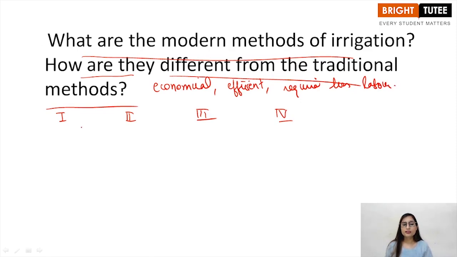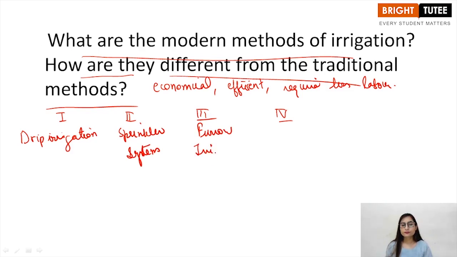So the first is drip irrigation, right? The first one is drip irrigation. Second is the sprinkler system. Third is the furrow irrigation. And fourth one is basin irrigation.